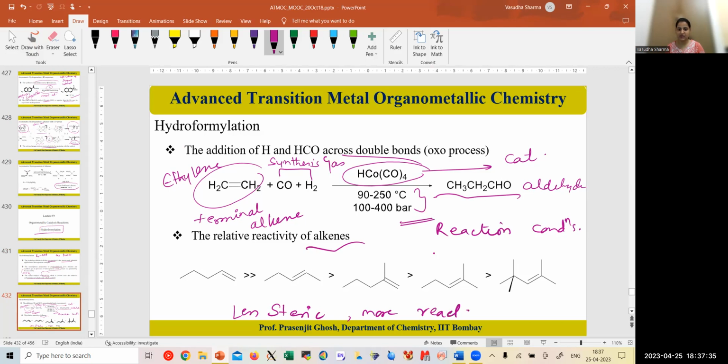This one is terminal and this is internal, but they don't have any substitution, so terminal is more than internal. Here there is a substitution at the terminal position, and here at the internal, so it becomes less. Here the substitution is even higher, which is why it has the least reactivity.